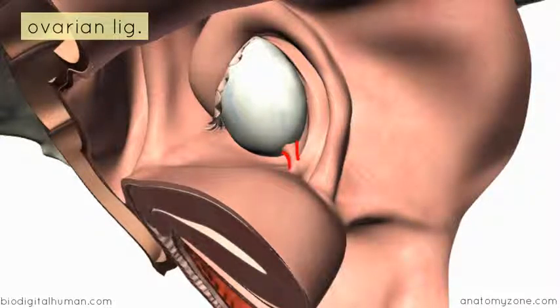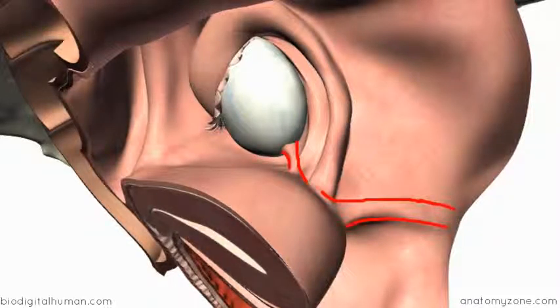Upon attachment to the uterus, this ligament continues round anteriorly and laterally as the round ligament which I just showed you. I've just outlined this in red. So now you should have a good idea of the organisation of the ligaments which are involved in the reproductive system.